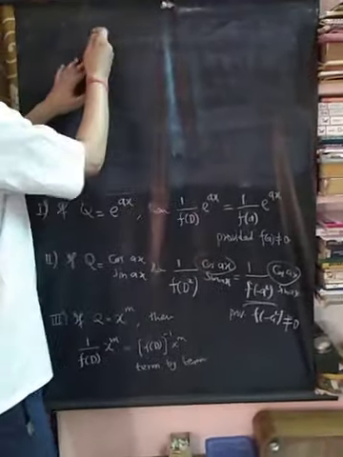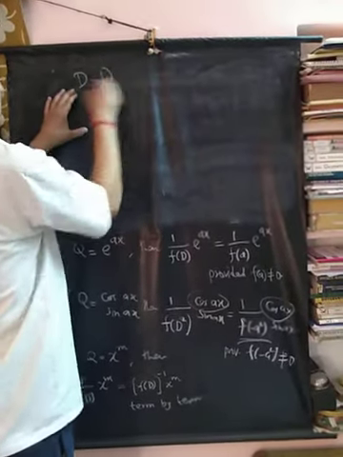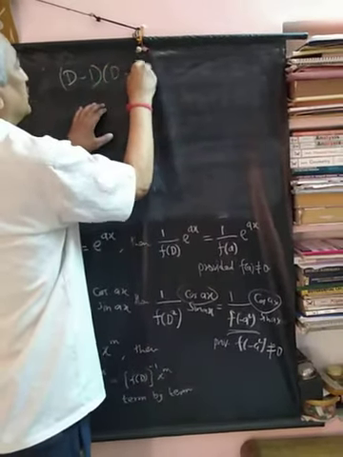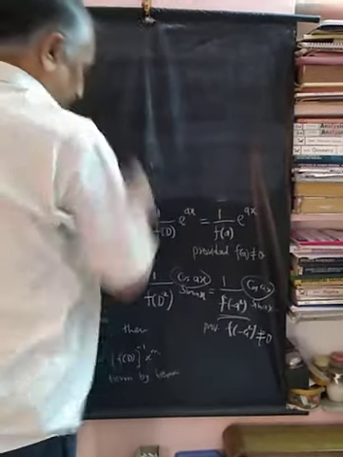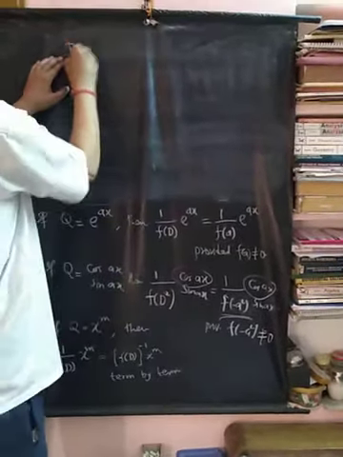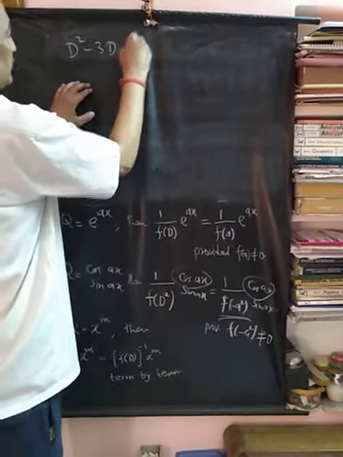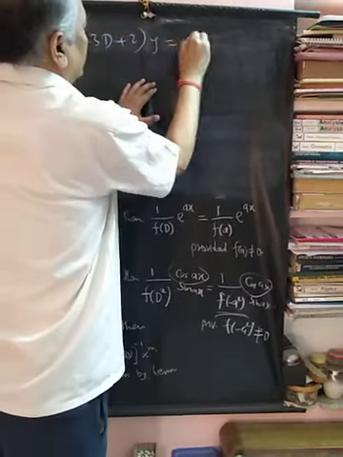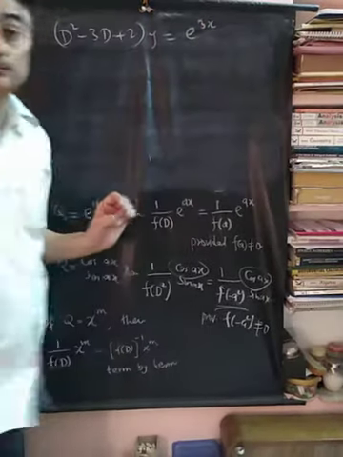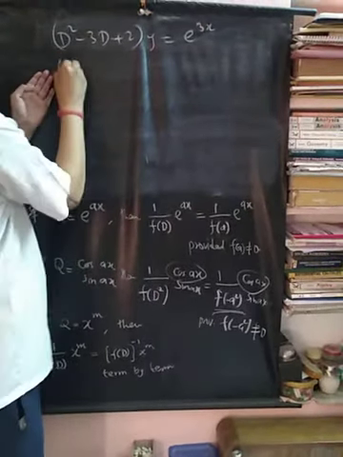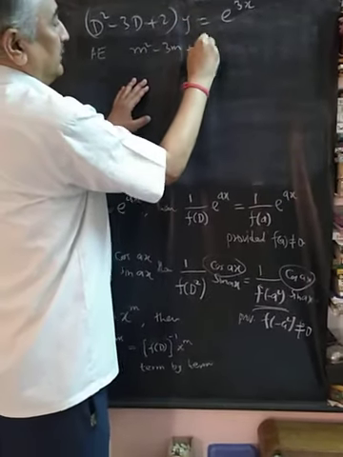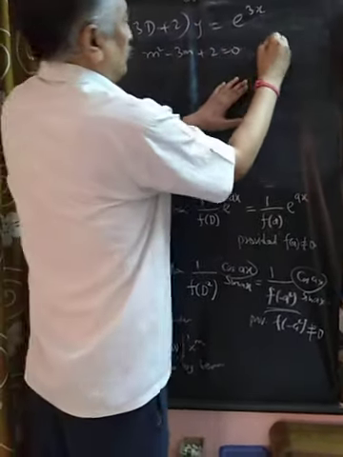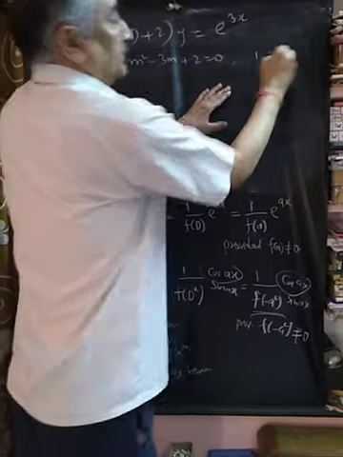So take for example (D minus 1)(D minus 2)y. Let me write this in a more precise form: (D squared minus 3D plus 2)y is equal to e^(3x). So the auxiliary equation is m squared minus 3m plus 2 equal to 0. Its roots are 1 and 2.